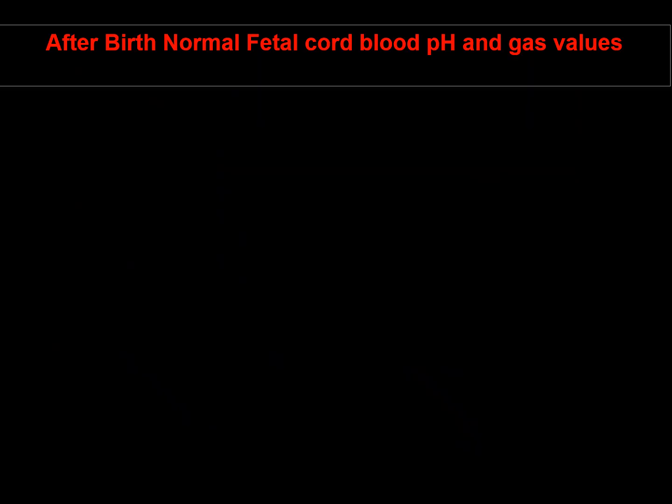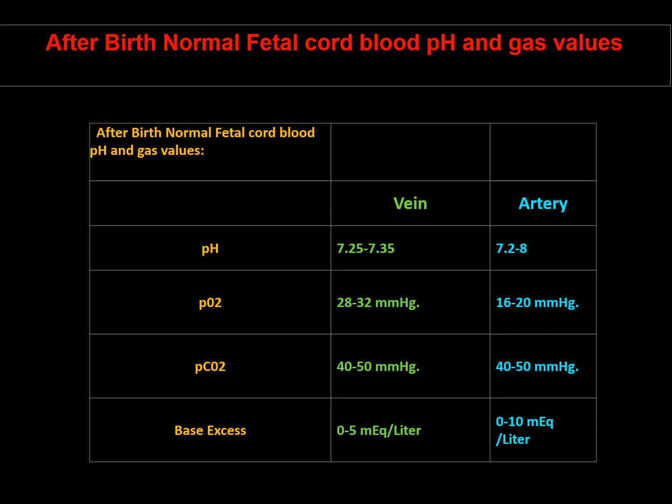Here are the normal after-birth fetal cord blood pH gas values, venous and arterial. You can see that the pH in the vein is 7.25 to 7.35, whereas in the artery it's 7.2 to 7.3. Remember that the artery in the cord carries the deoxygenated blood coming from the fetus, whereas the vein carries the oxygenated blood coming from the placenta toward the fetus.